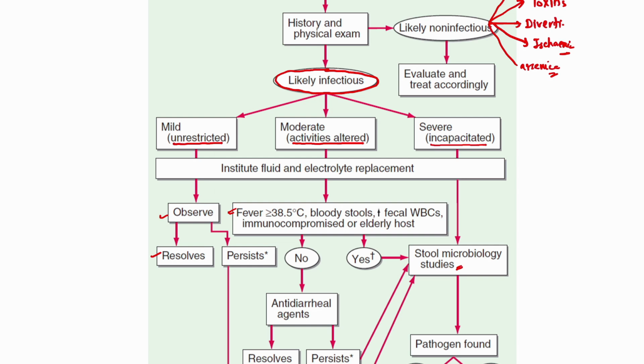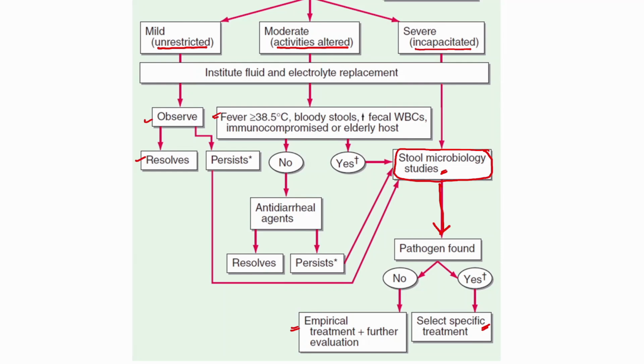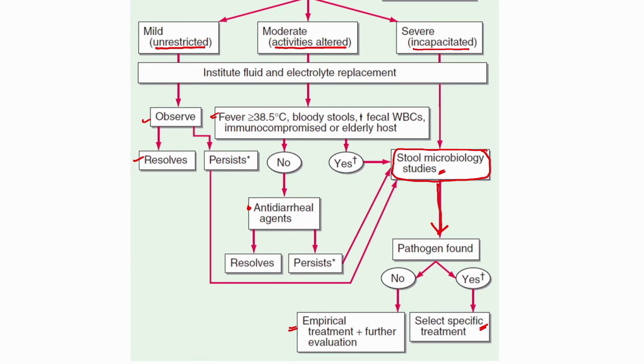So in this case, you will again do stool microbiology, and the further steps are the same as that of mild diarrhea. But if these signs and symptoms are not there, you can give antidiarrheal agents in this group of population. Means moderate individuals will receive antidiarrheal agents, and if it resolves, it is well and better. If it doesn't resolve, it will persist. You will have to do again the stool microbiology and find out the pathogen.